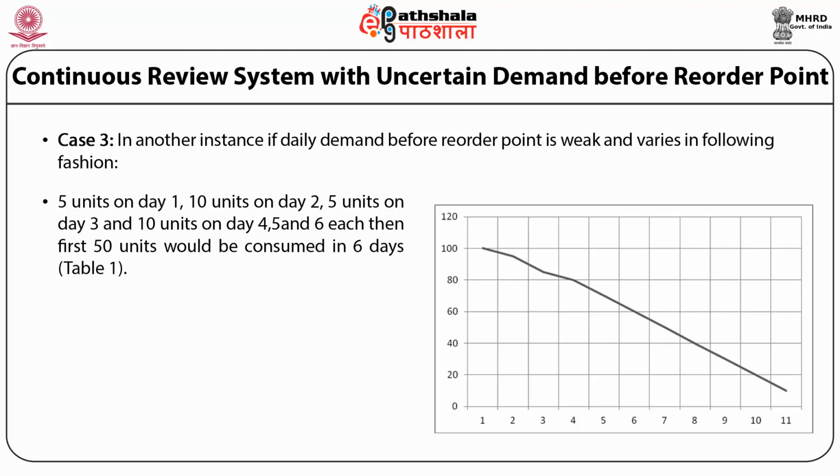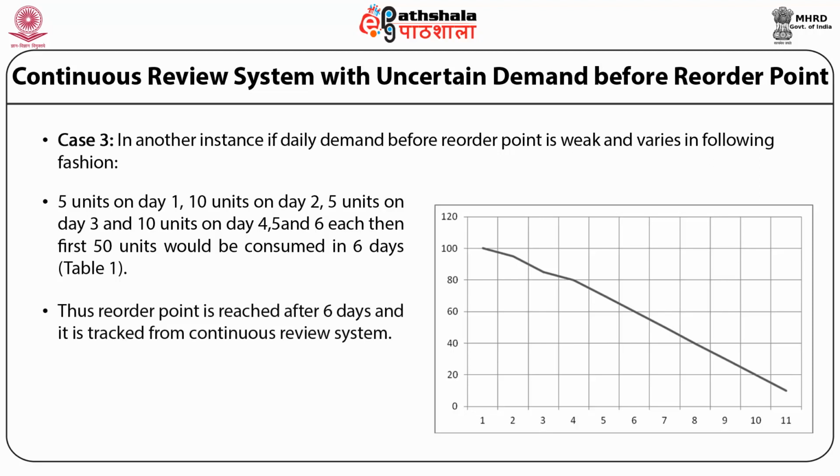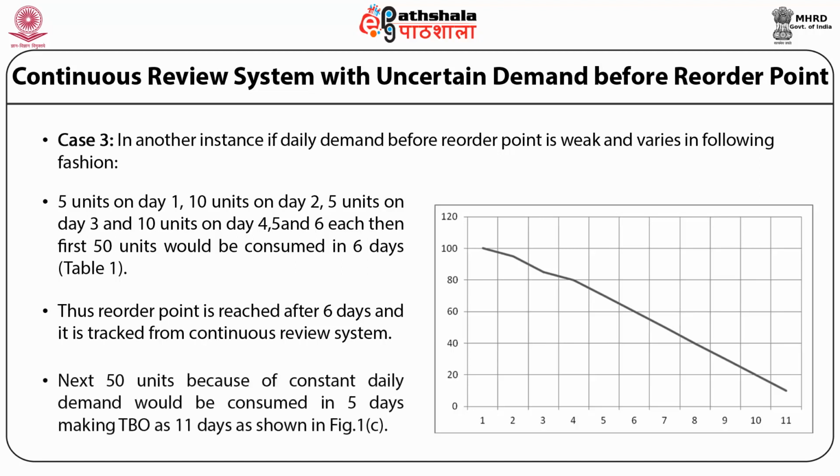Then 50 units would be consumed in 6 days as shown in table. Thus, reorder point is reached after 6 days and it is tracked from continuous review system. Next 50 units, because of constant daily demand, would be consumed in 5 days, making TBO as 11 days as shown in figure.